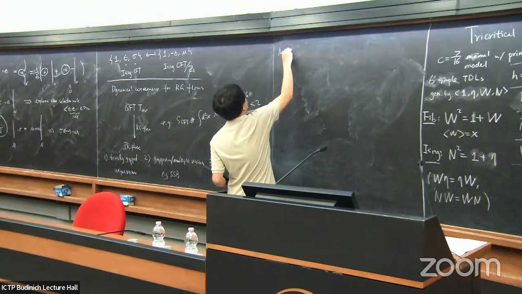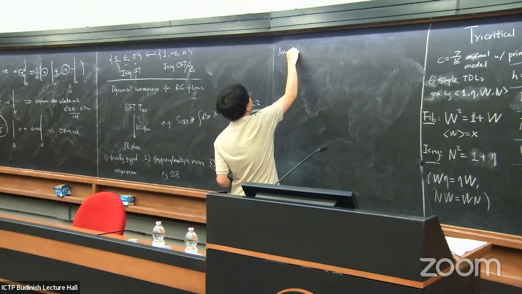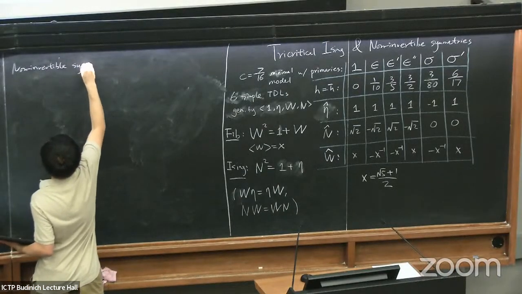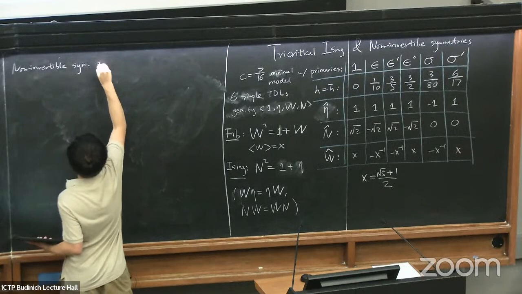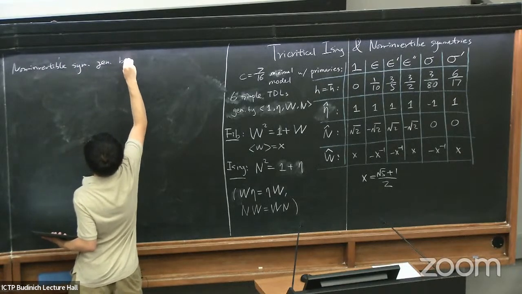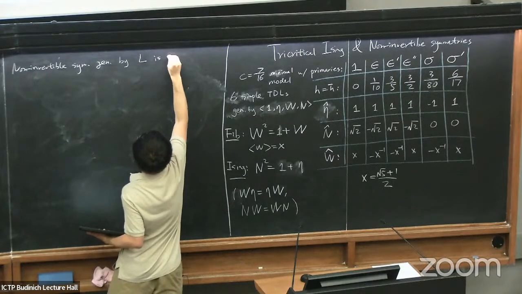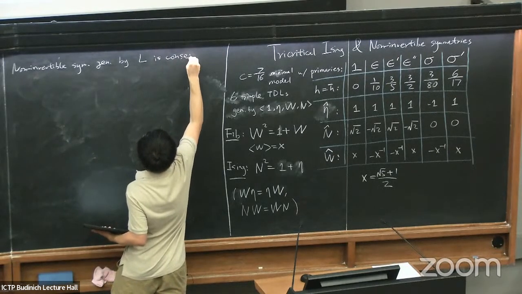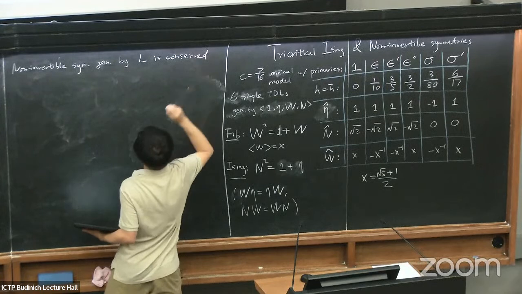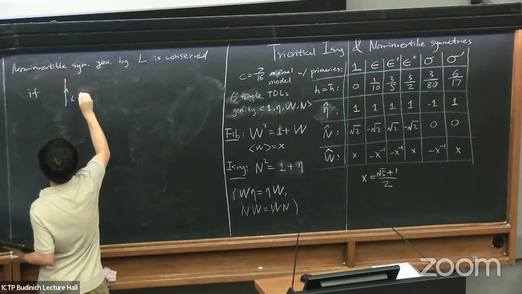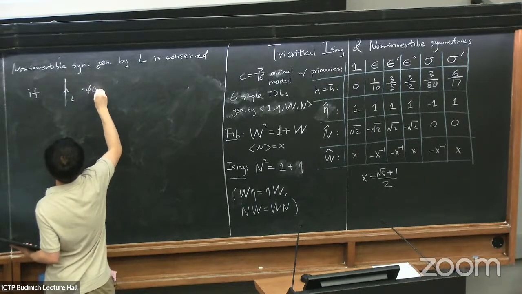A non-invertible symmetry that is generated by a topological defect line called L is conserved if it is transparent to the deformation operator.